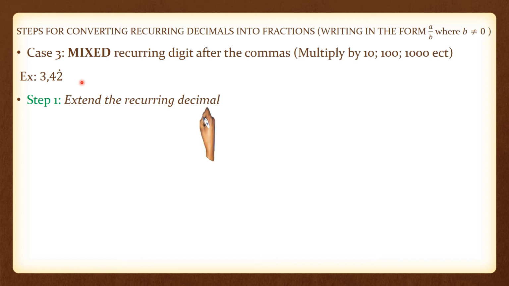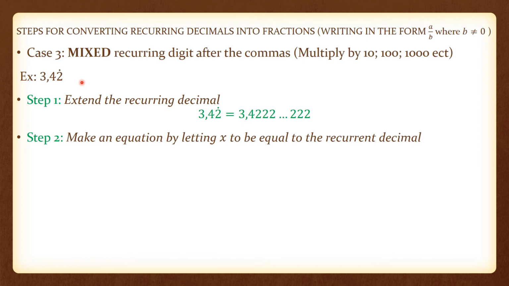So the 3.42 recurring will be 3.422 repeating indefinitely. Step 2. Make an equation by letting x equal to the recurring decimal. So x will be 3.42 repeating indefinitely. We call it equation 1.